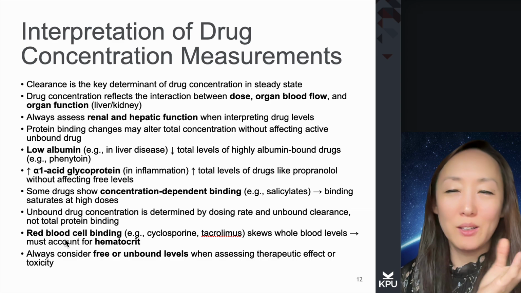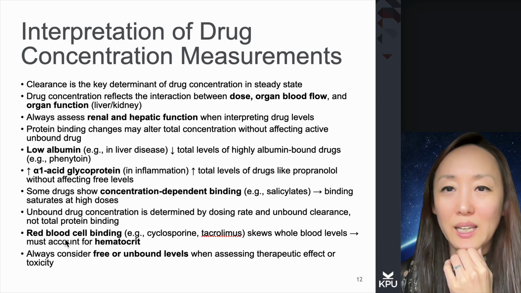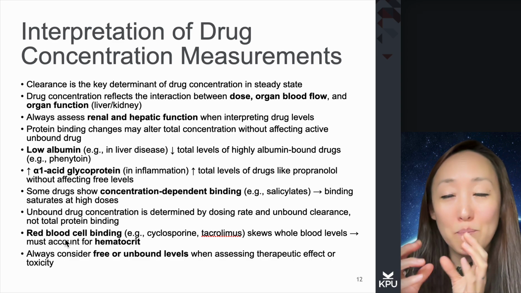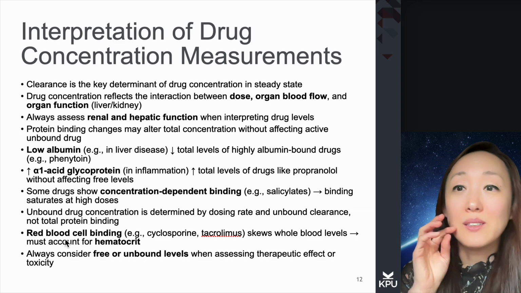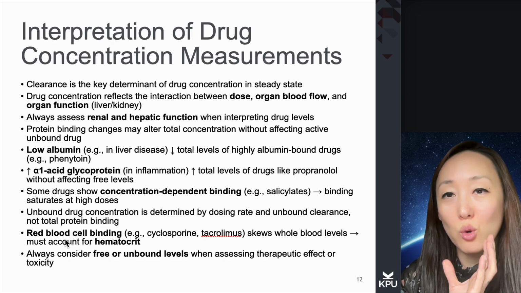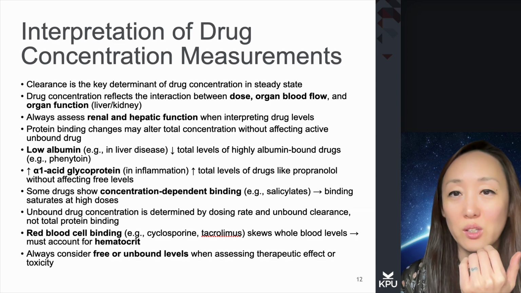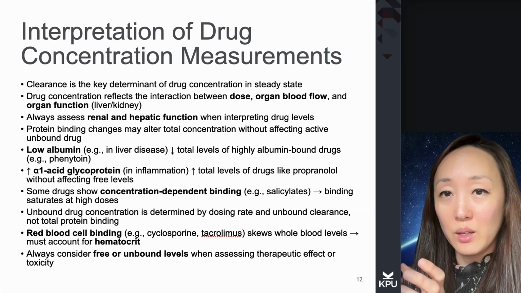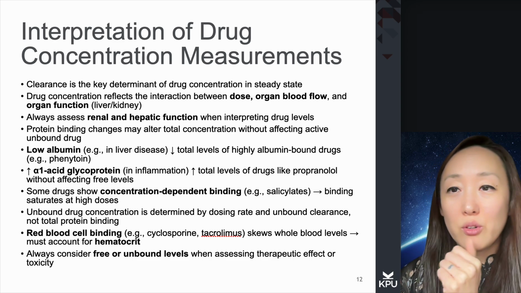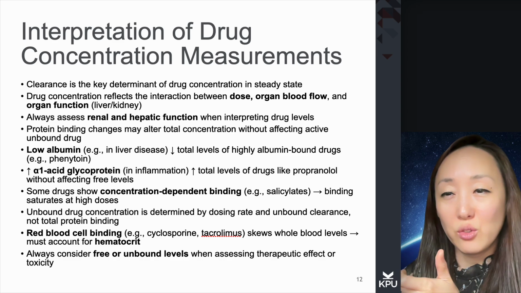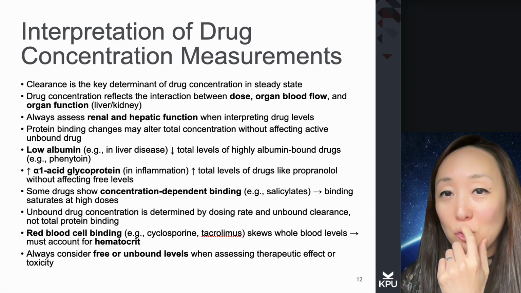And there's one more, what we call red blood cell binding. Drugs like cyclosporin bind heavily to the red blood cells themselves, so we measure the whole blood concentration. If a patient has low hematocrit, then the total measured level would drop even though the free drug concentration might not change.